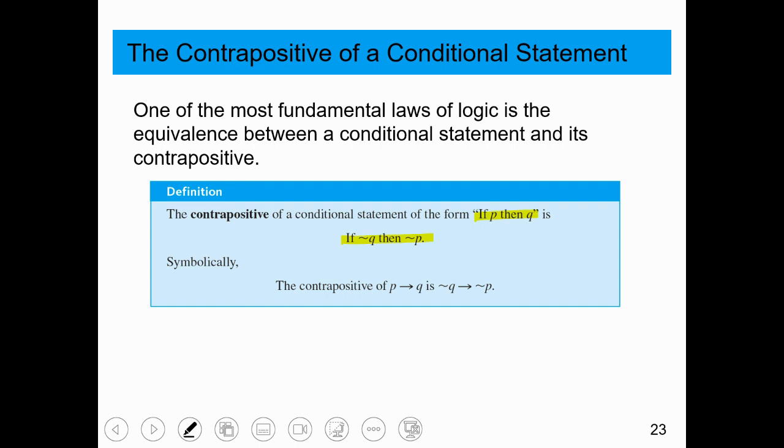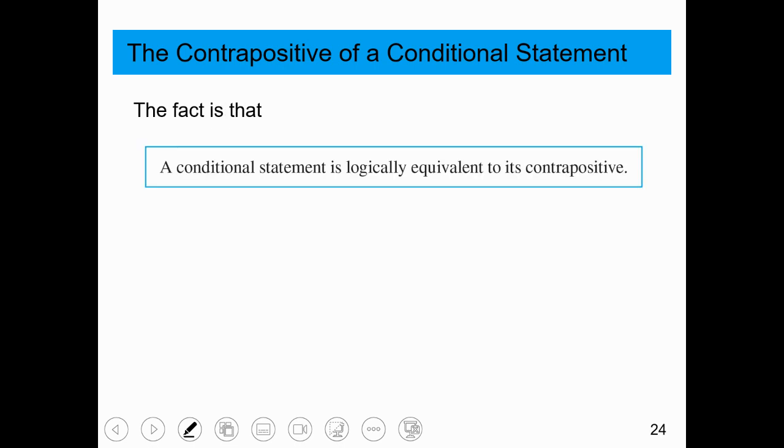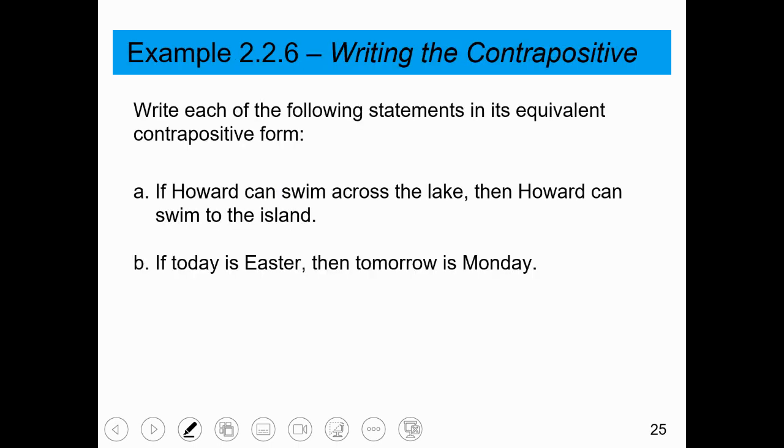Okay. So the contrapositive of P implies Q is not Q implies not P. All right. Another restatement of that. A conditional statement is always logically equivalent to its contrapositive.